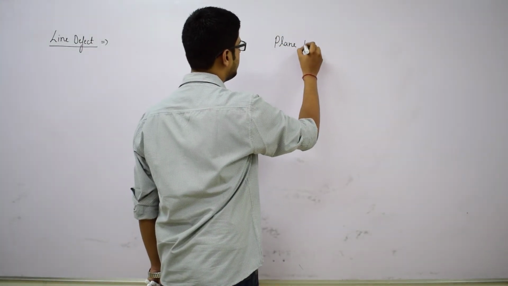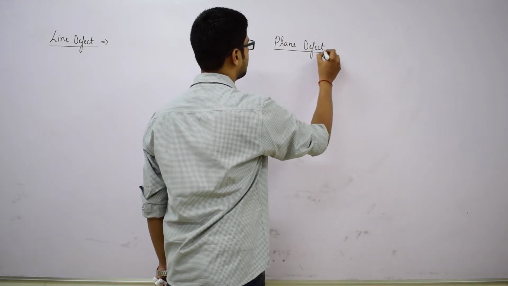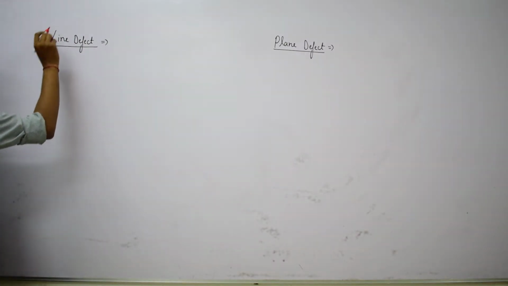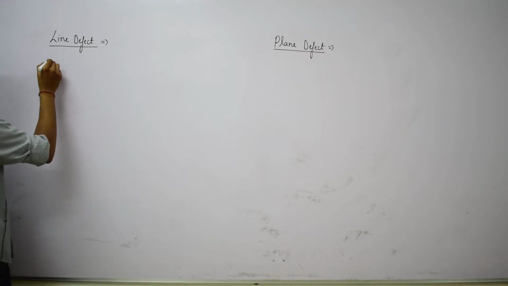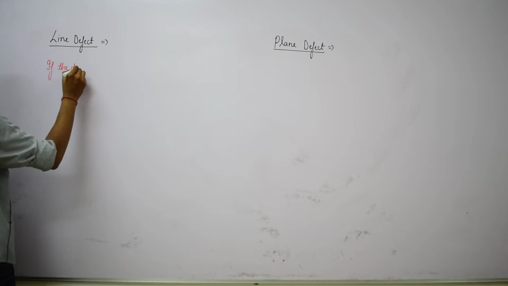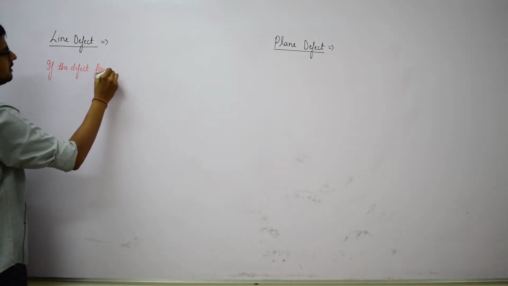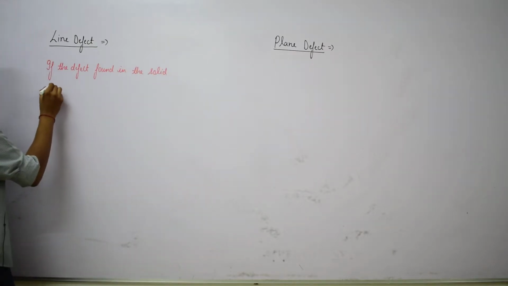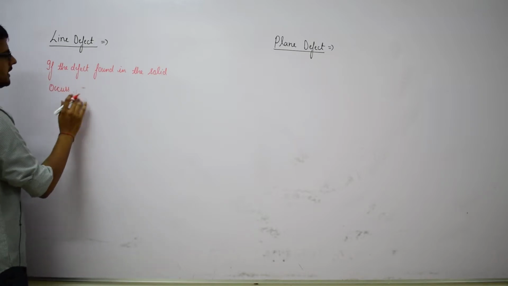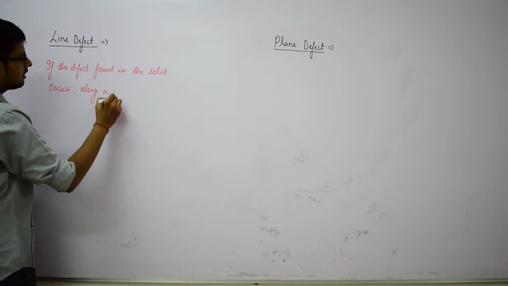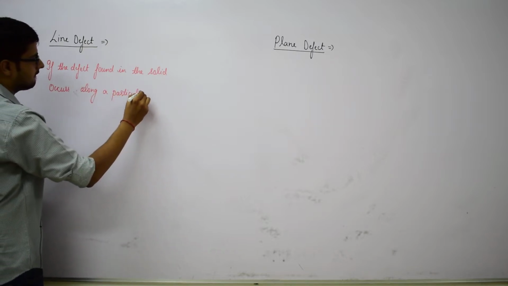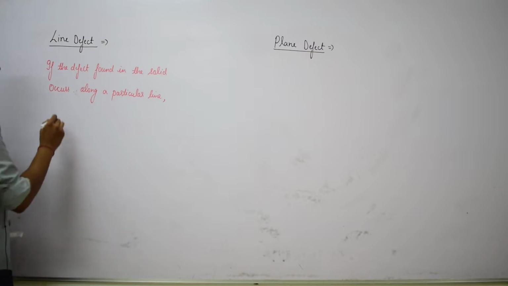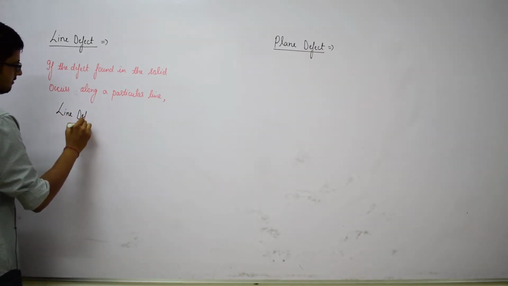When we are discussing line defect, if the defect found in the solid occurs along a particular line, it is called a line defect.